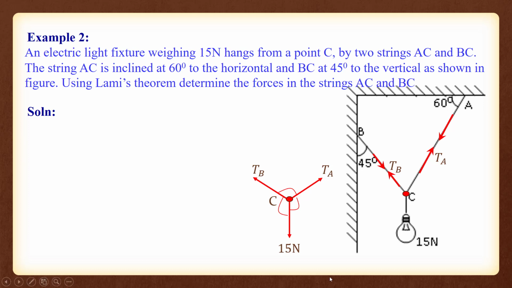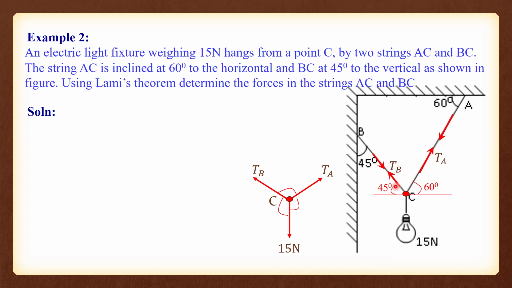If you want to use Lami's theorem, we need to know the angle between the forces also. So in order to find the angles, first I have drawn a line here. Now if this angle is 60 degree, this angle also will be 60 degree, right? Similarly, this angle will be 45 degree.